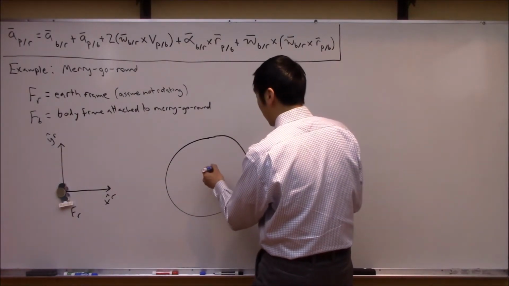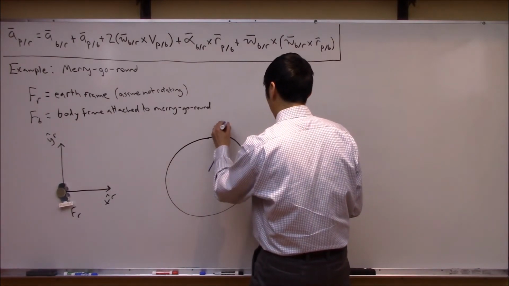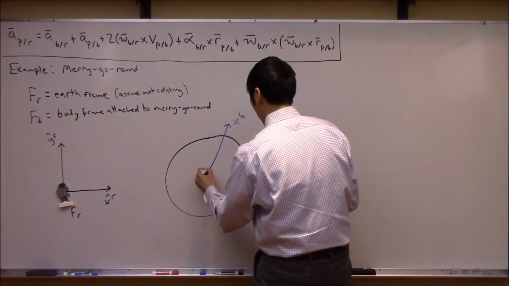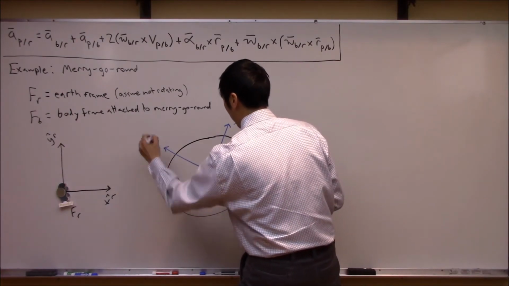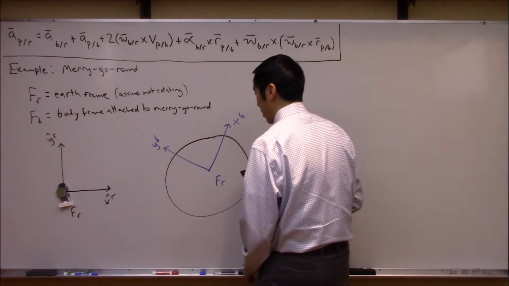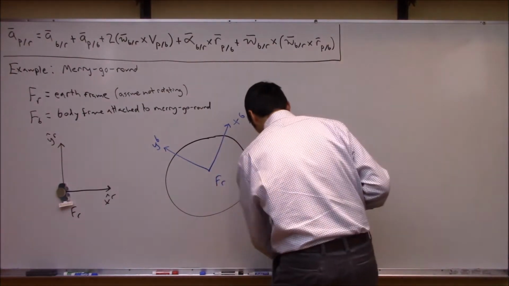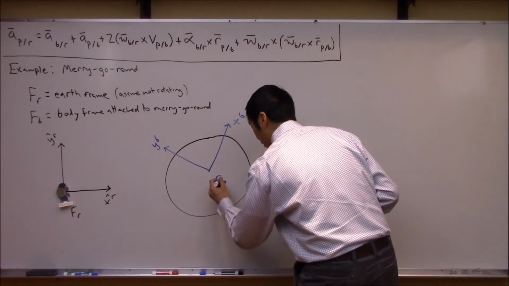He doesn't necessarily need to be aligned, so maybe let's draw it like this, right? So this is X body here, and then Y body would be off at a 90-degree angle. Something like this, and here was our FB, excuse me, our body frame, right? This is our body frame.